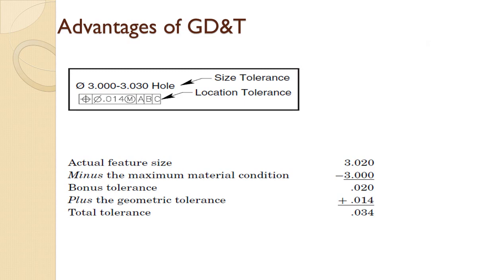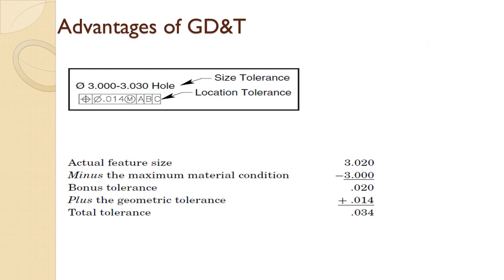Hole diameter dimension is diameter 3 to 3.030 inch. The feature control frame position tolerance is diameter 0.014 at maximum material condition with respect to datums A, B, C. A is the primary datum, B is the secondary datum, C is the tertiary datum.